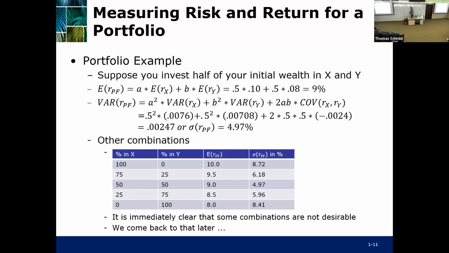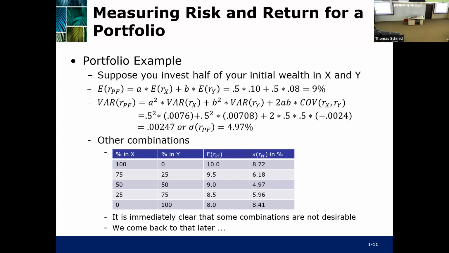In the next step, we actually look at portfolios that consist of x and y. We build portfolios of x and y. And in the first example here, suppose we invest half in x and half in y. So we can easily calculate the expected return in that case, 9%, the weighted average of 10 and 8, easy.